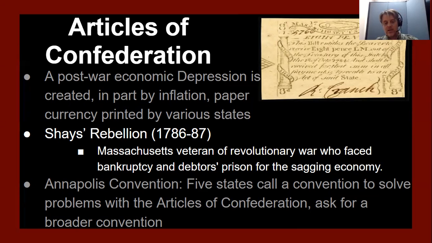Back in that time, you could go to prison if you didn't pay your debts. He was going to release them, shut down courts that were putting people into debtors' prison, and march on the legislature. At the end of all that, they were able to vote their own people into the legislature, the poor farmers, rather than just the rich merchants.